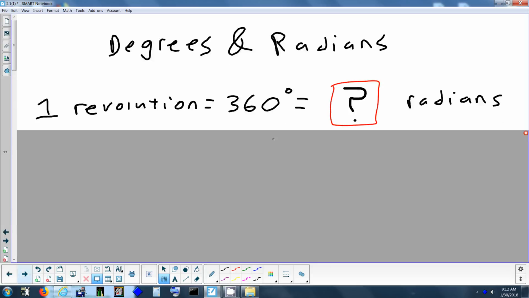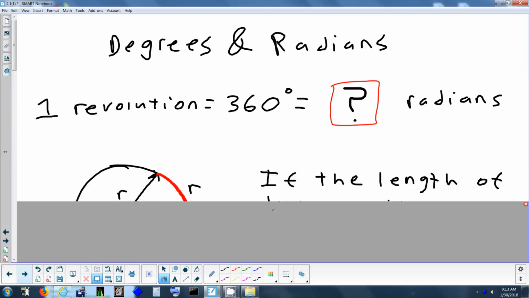We've got to figure this out first. How many radians in a revolution? Does anybody already know? Yes, I know. Hold that back. But will anybody else, has anybody used radians before?